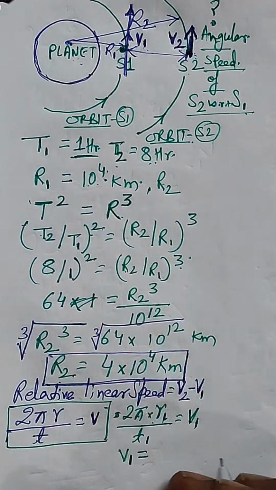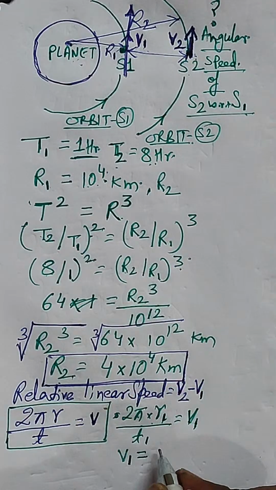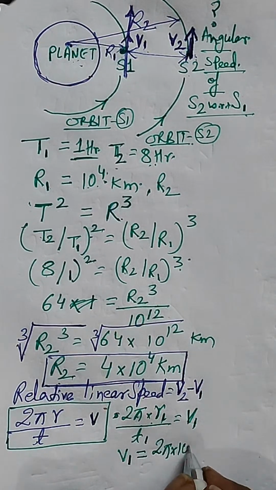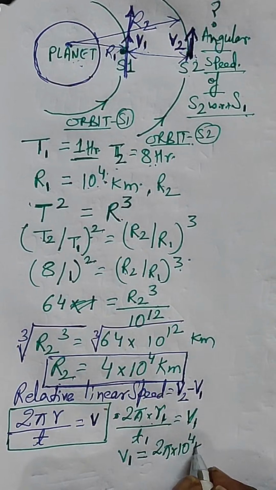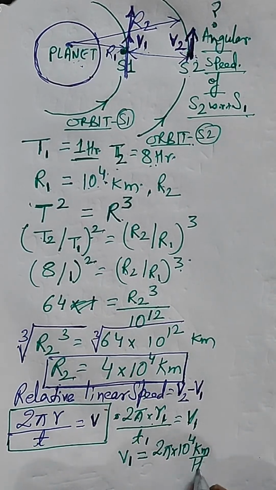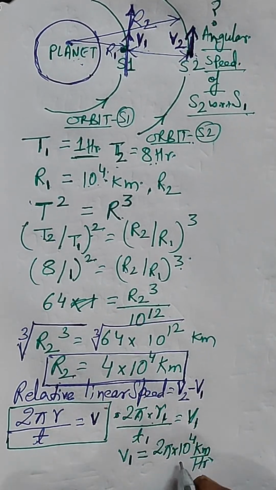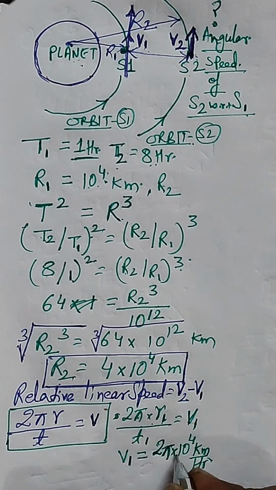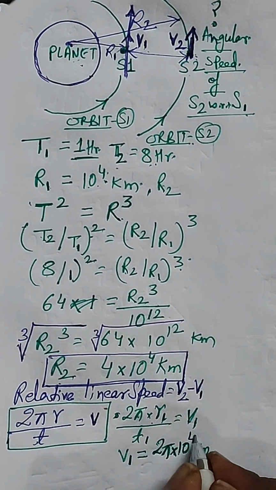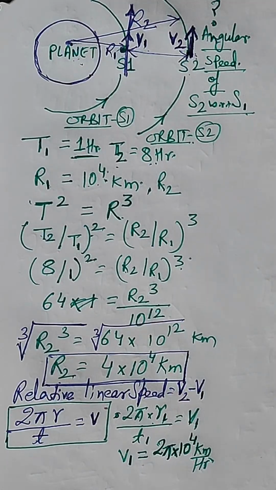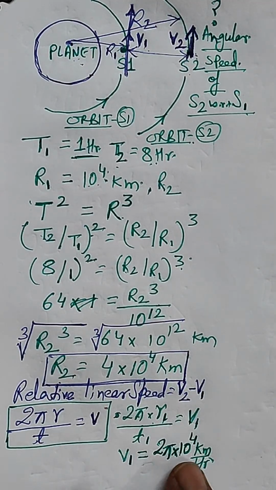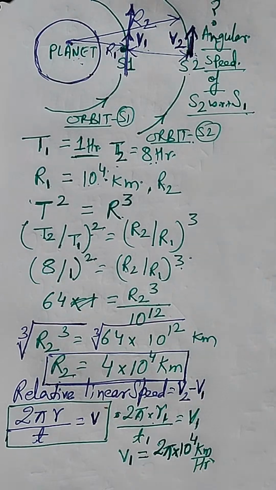This will give you 2 pi into 10 power 4 kilometer per hour. This is the value for v1. The linear velocity of satellite 1 is 2 pi into 10 to the power 4 kilometer per hour.